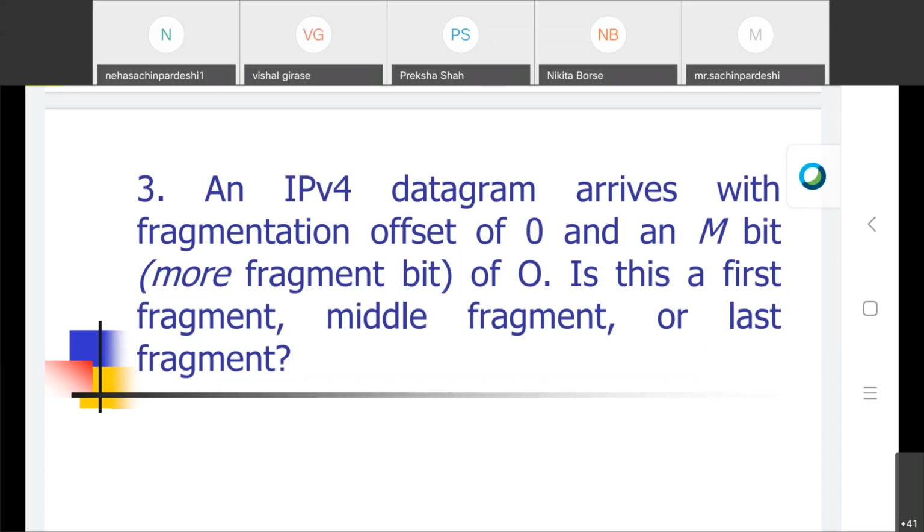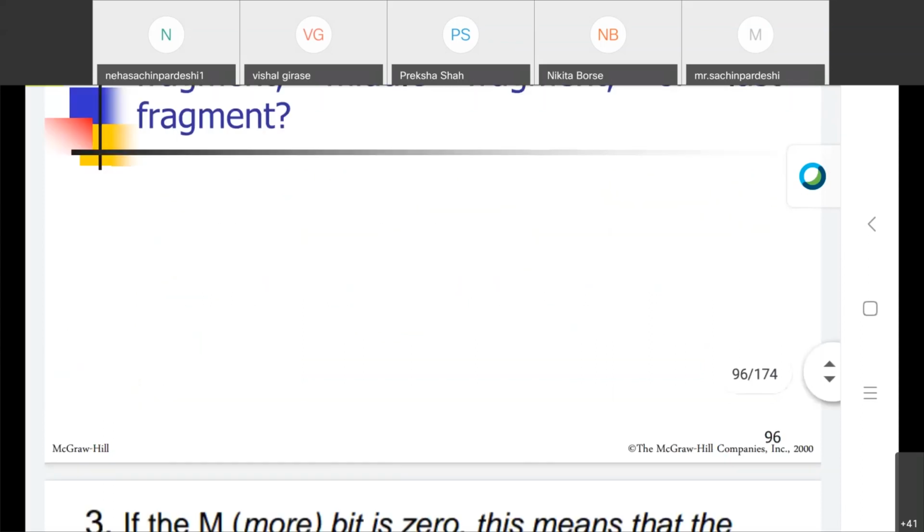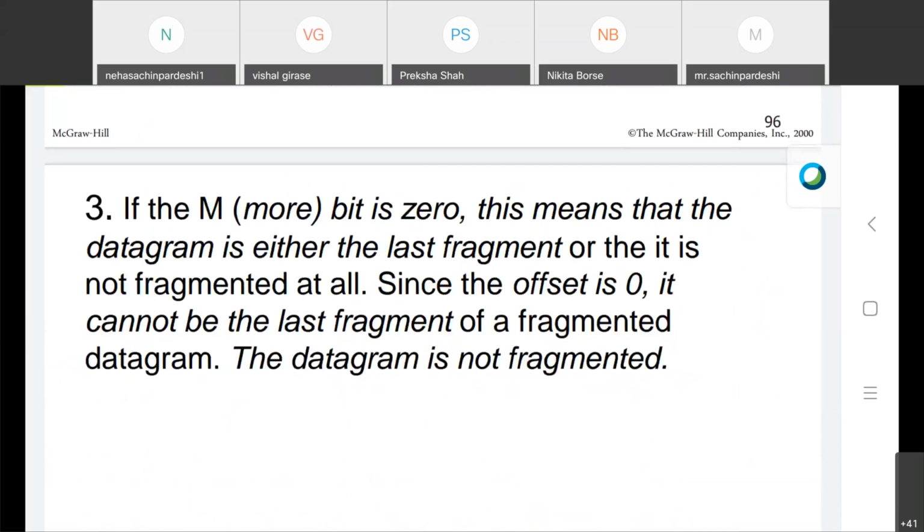And the datagram is not fragmented. That's why M is equal to 0, it is not divided. If M is equal to 1, the datagram is fragmented. So here we can answer that this is a first fragment, because the offset value is 0. It cannot be the last fragment of a fragmented datagram; the datagram is not fragmented.